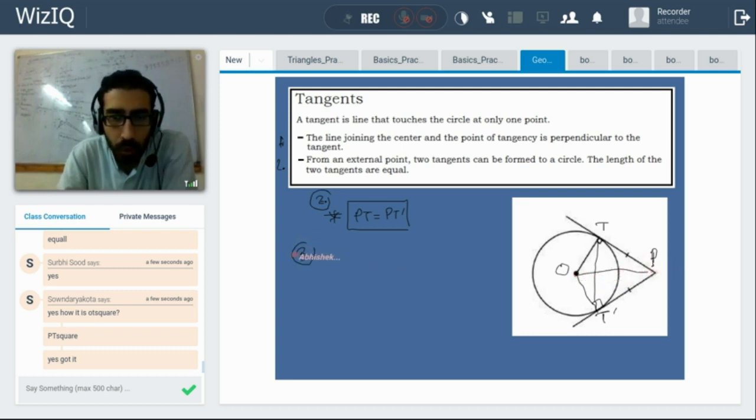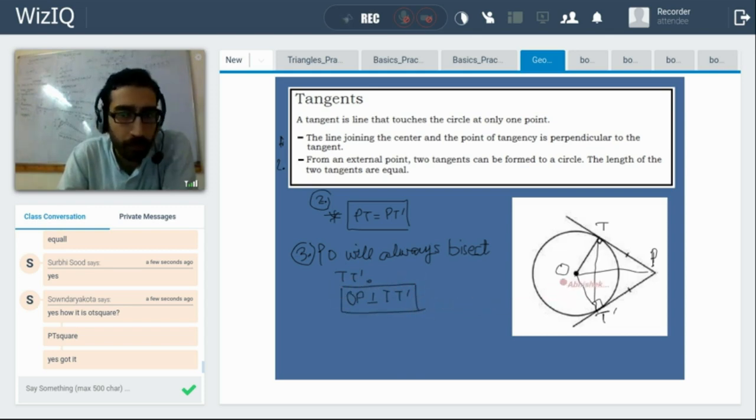So PO will always bisect TT dash. It will divide TT dash in equal parts at 90 degrees. So it will not only bisect, but OP will also be perpendicular to TT dash. Please do remember, this is a very important and useful property.